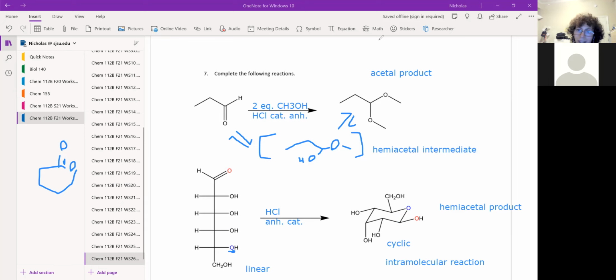Can anybody explain why this alcohol leads to that cyclic product and not this one circled in red, or maybe this one, or any of the other ones? What's special about the product we made?